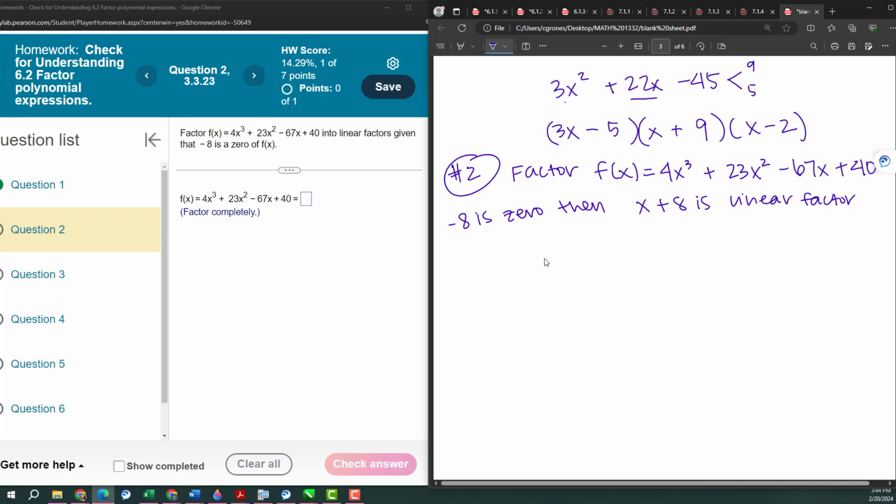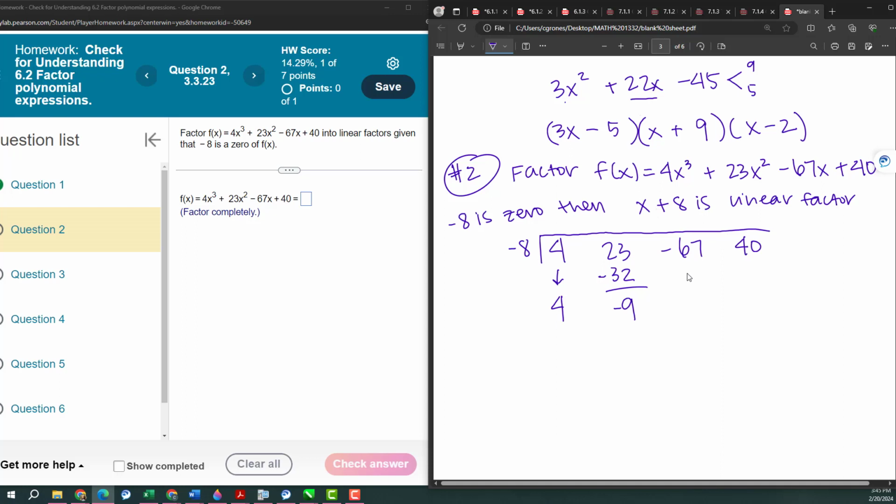Okay, so I'm going to do synthetic division again. I've got the 4 for x cubed, 23 for x squared, negative 67 for x, and then positive 40, and then I'm going to use negative 8 for k. Okay, bring our 4 down. 4 times negative 8 is negative 32. Negative 32 and positive 23 is going to be negative 9.